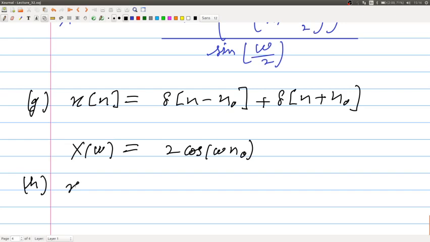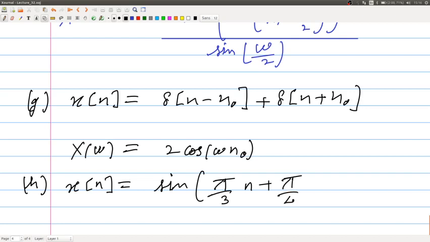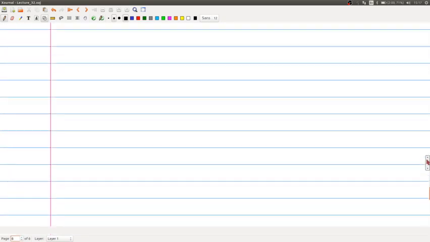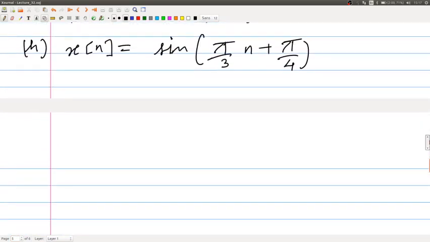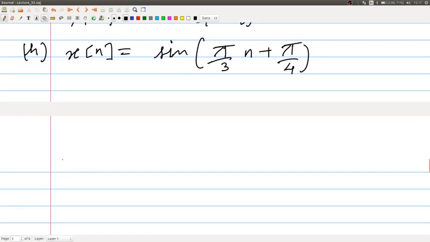Another example, let x of n be sine of pi by 3 into n plus pi by 4. This is again straightforward.